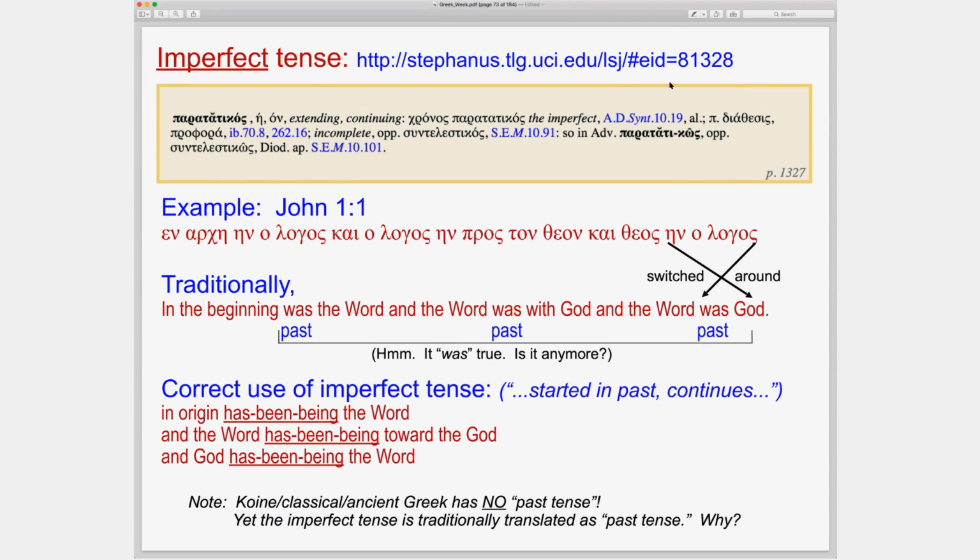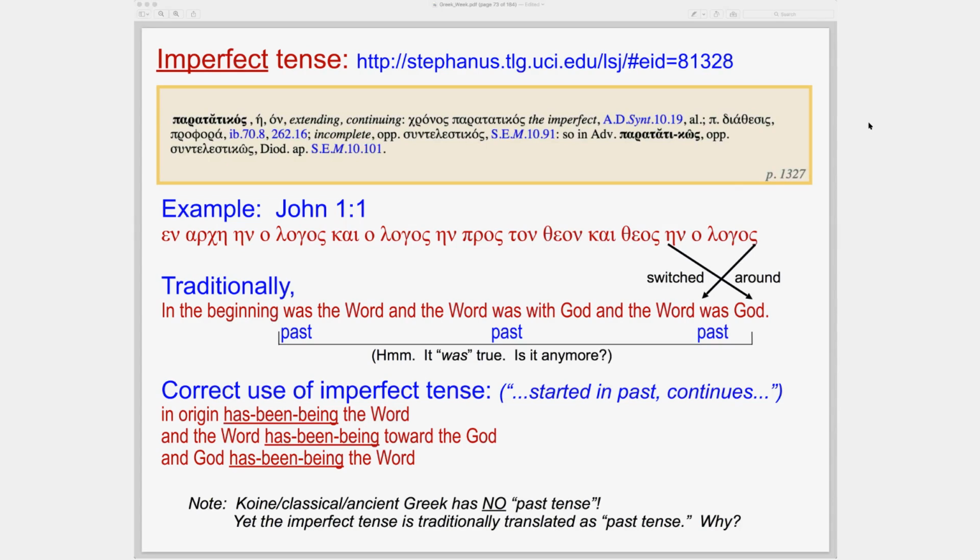You have the word, and then later you have the God, and then at the very end it says, and God, and there's no article there. Is there a reason why that article wouldn't be there? Is there some particular rule? Is it being emphasized because it doesn't have the article?